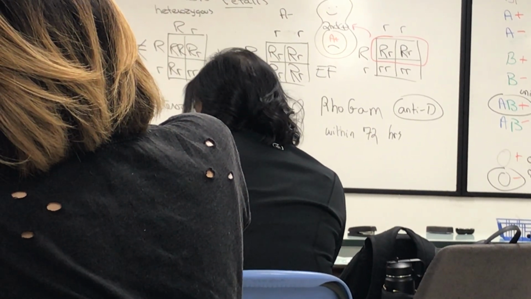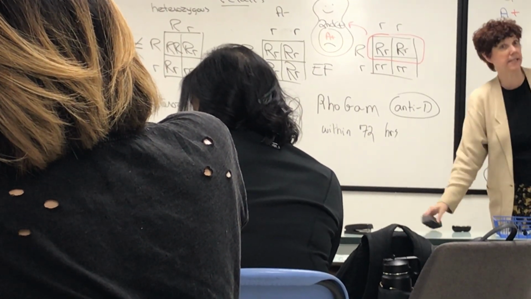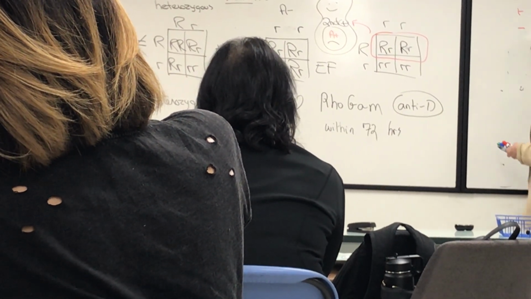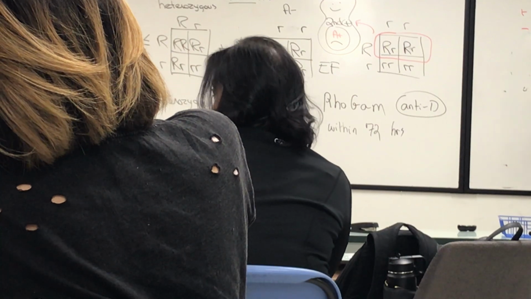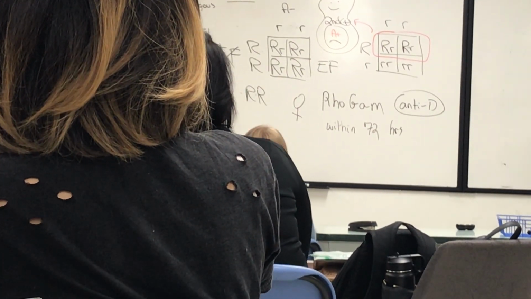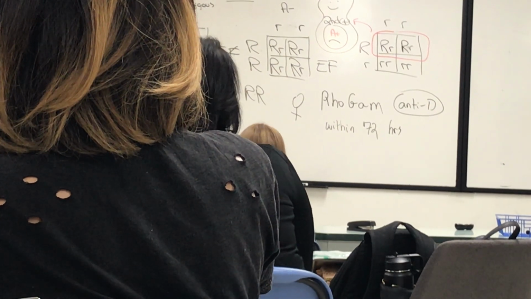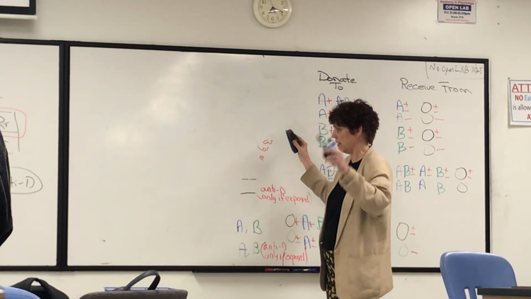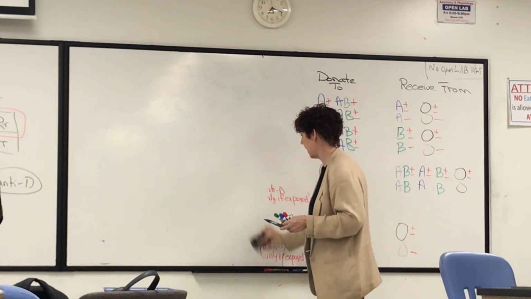Now, there have been several situations like this, so this is not exactly made up, but I'm not thinking of a specific one offhand. A mom has a baby. The baby's negative, so obviously the mom doesn't have any problem.